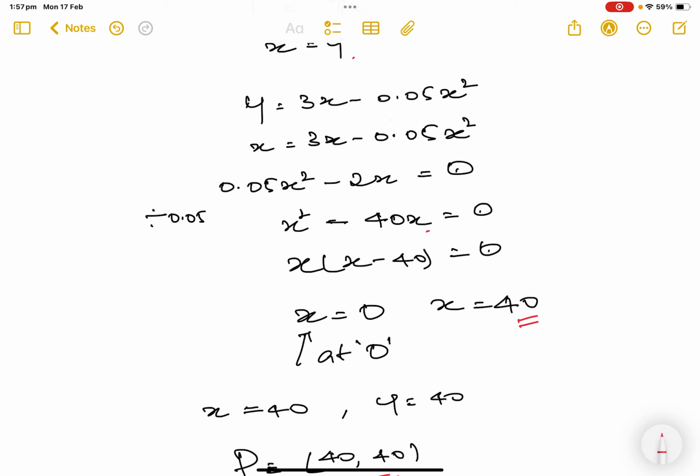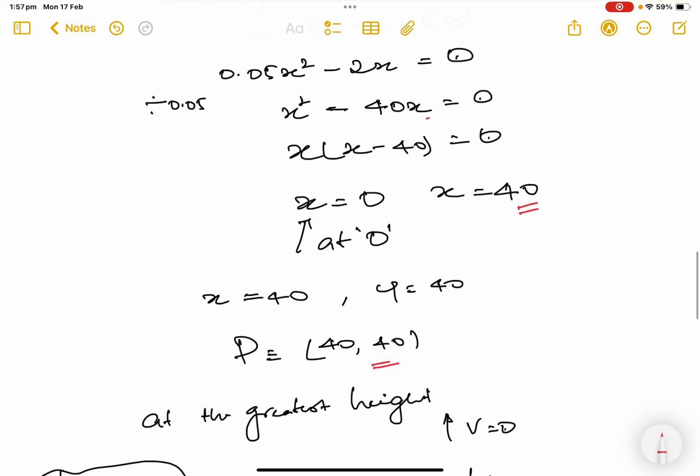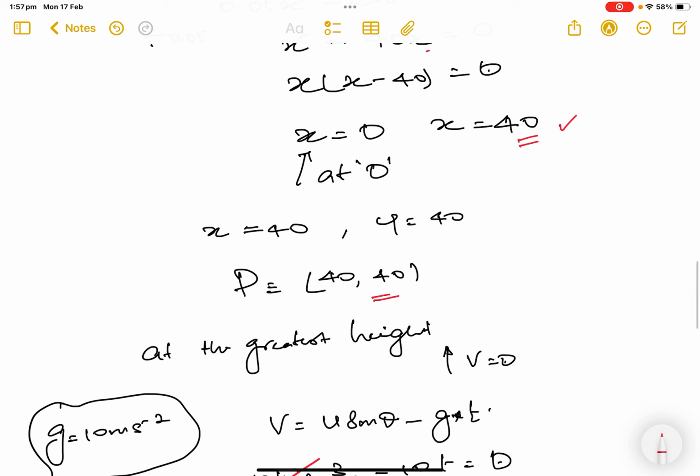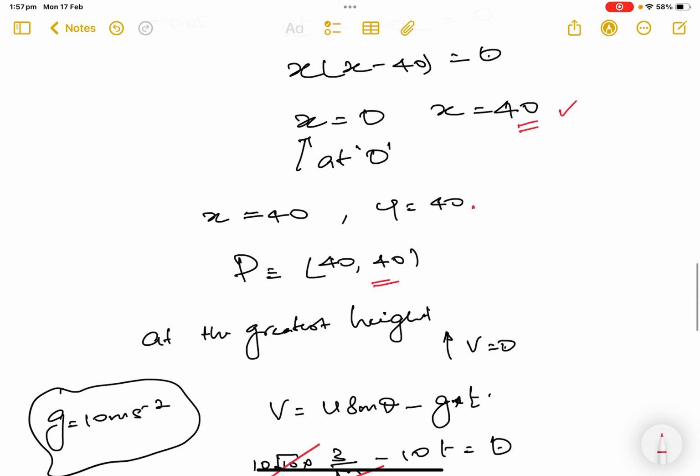Then x common, x minus 40 equals 0. So there are two values, x equals 0 and x equals 40. X equals 0 is at O. X equals 40 is the one we want. So the x coordinate of P is 40. But x equals y. Therefore, the y coordinate is 40. So the coordinates of P, with OP making 45 degrees, is 40, 40.